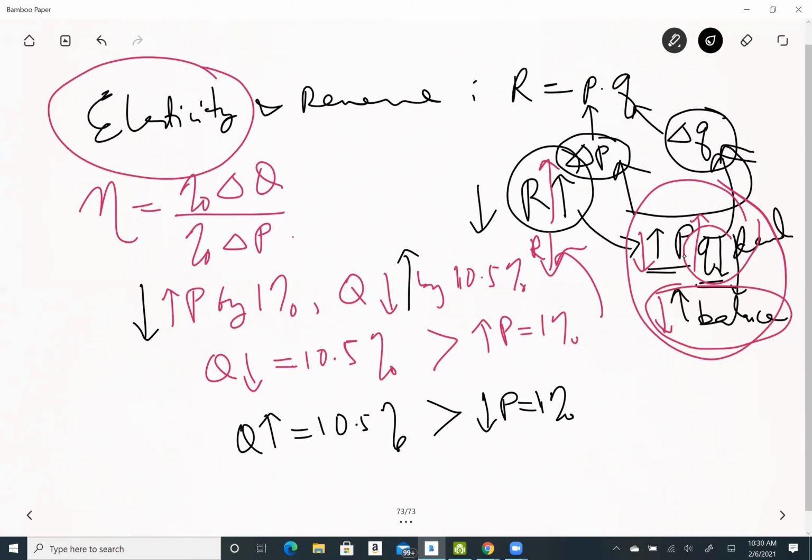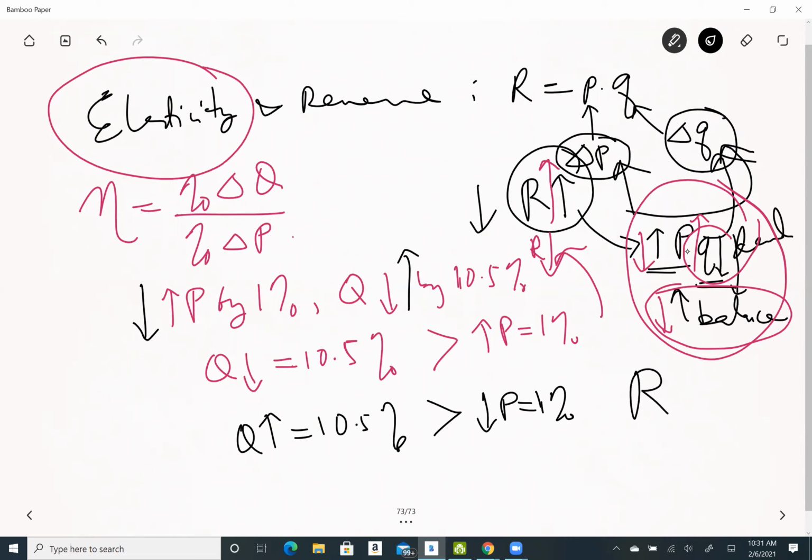So the positive effect, the increase in the quantity, will push the revenue up. The decrease in the price will push revenue down. But since the demand will increase by 10.5%, which is higher than the 1% change in the price, what happened to your revenue?